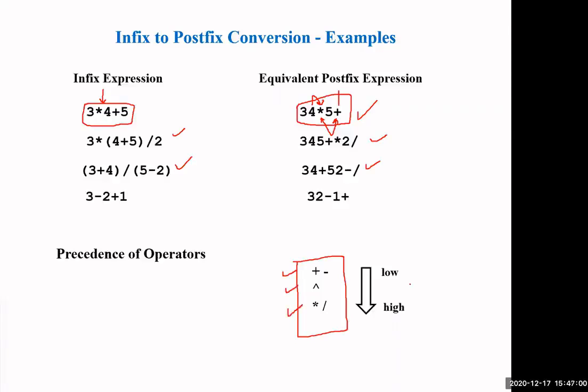This is how the precedence goes. Plus and minus have low precedence compared to the caret, and very low compared to multiply and divide. Conversely, multiply and divide have higher precedence over these three operators. Based on this, we perform the conversion of infix to postfix expression.